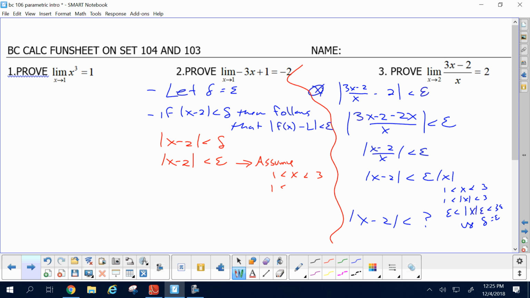Then the absolute value of x is between 1 and 3, and epsilon is less than epsilon times the absolute value of x, which is less than 3 epsilon. Therefore, by the trichotomy rule, the A is less than B is less than C idea, if |x minus 2| is less than epsilon, and epsilon is less than epsilon times the absolute value of x, it must be the case that |x minus 2| is less than epsilon times the absolute value of x.